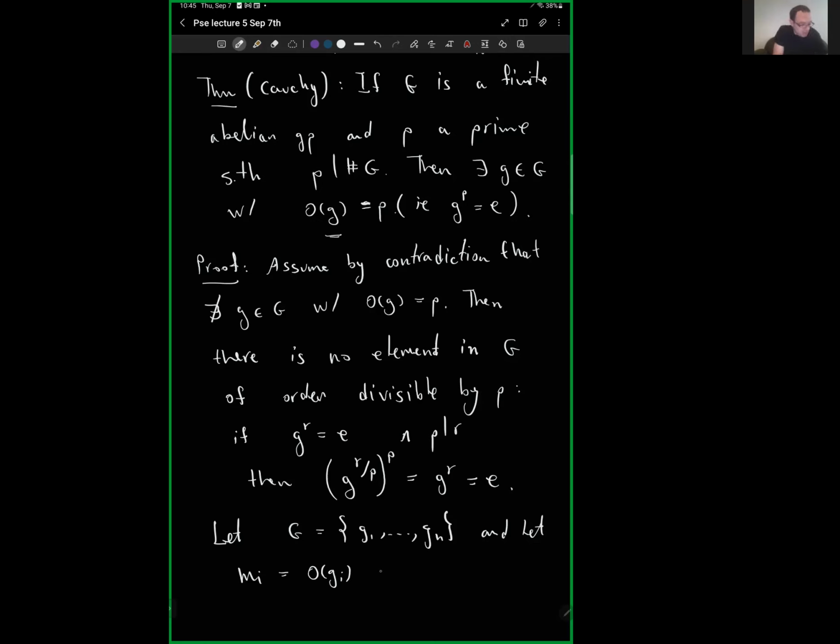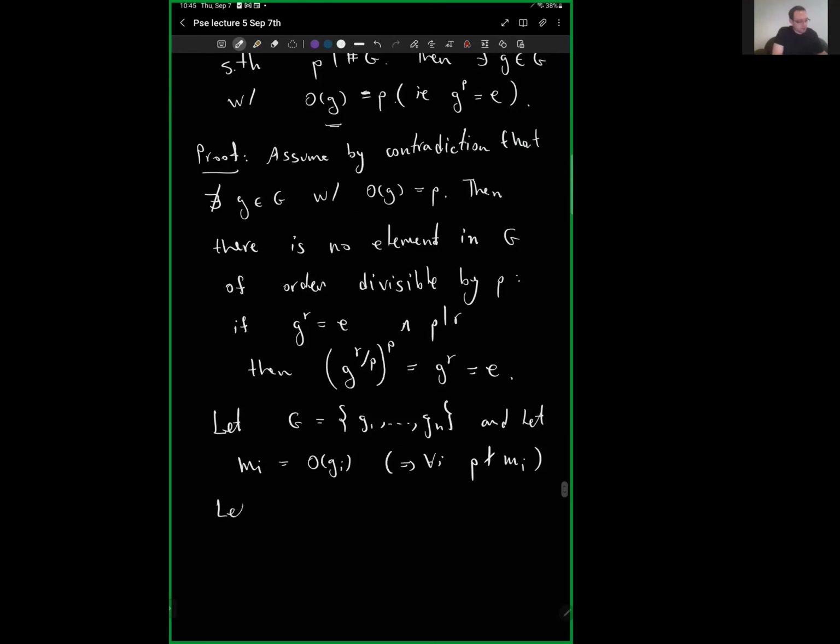So of course, for any i, P cannot divide the order of gi. Let m be the LCM of all the mi's, i equals 1 up to n.